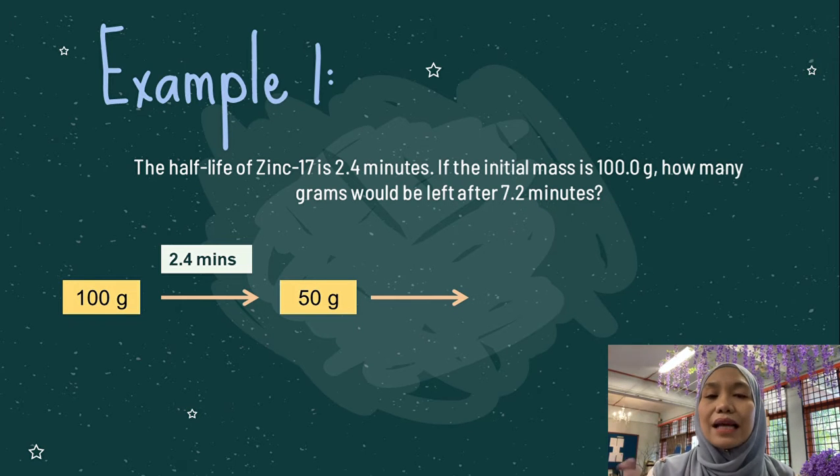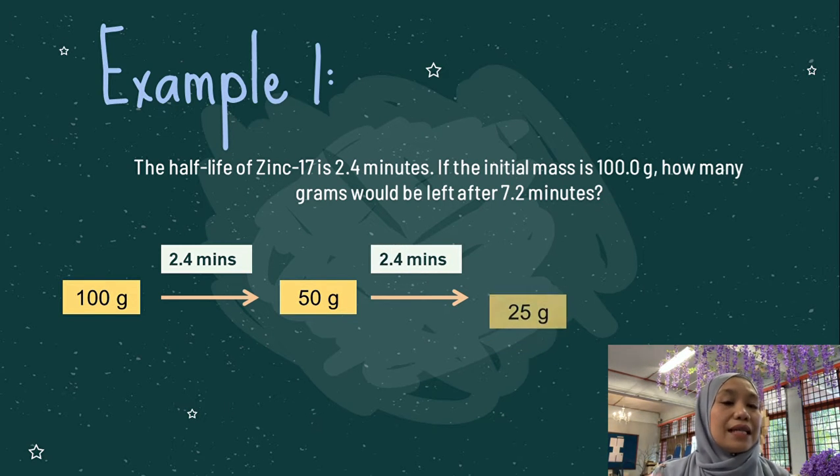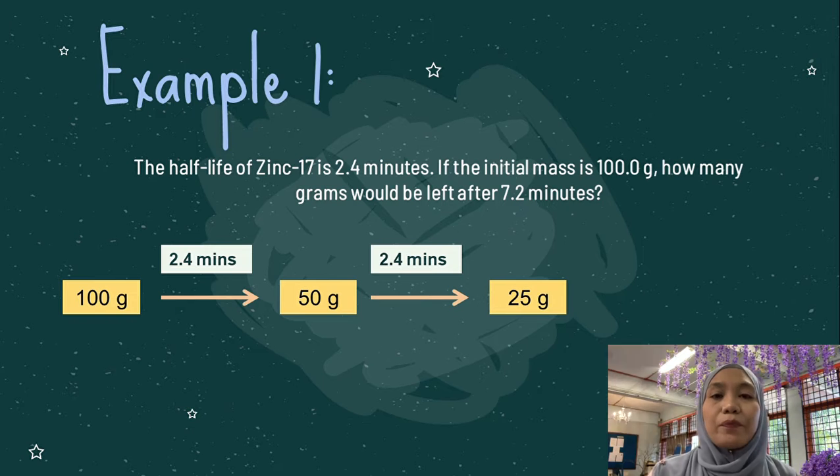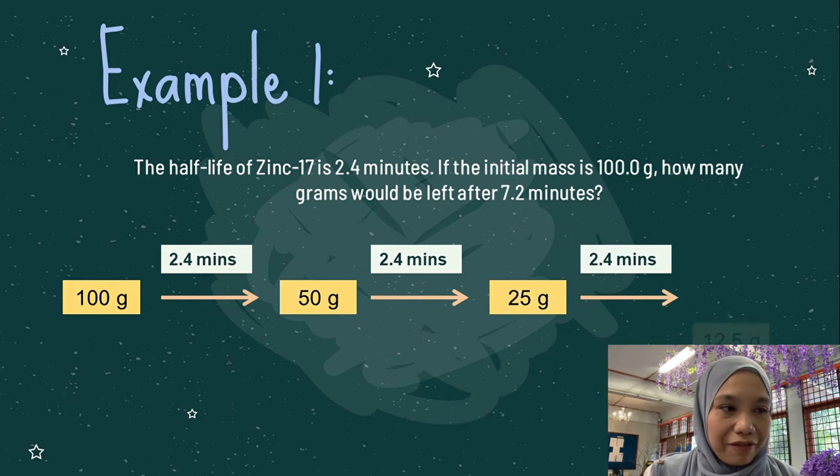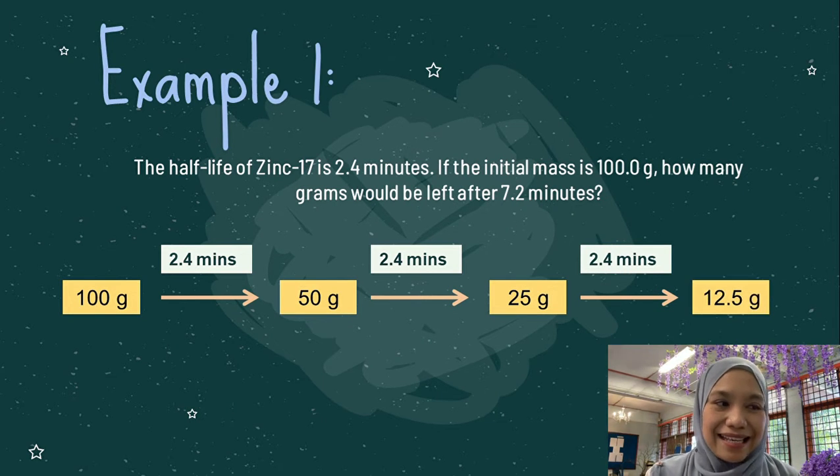And after another half-life, can you guess how many gram left? Yes, exactly. It will become 25 gram. And after the third half-life, how many grams will be left? Yes, it will become 12.5 gram.